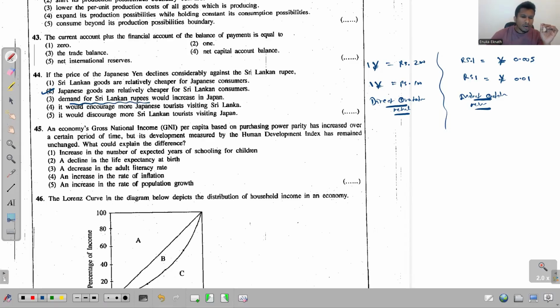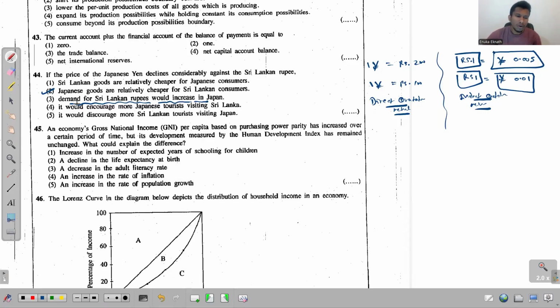Demand for Sri Lankan rupees would increase in Japan. See that now? Earlier, when the Japanese demanded one rupee, they just had to pay 0.005 yen. But now if they demand rupees, for each rupee they will have to pay a higher amount.